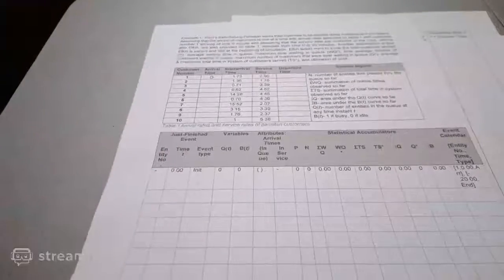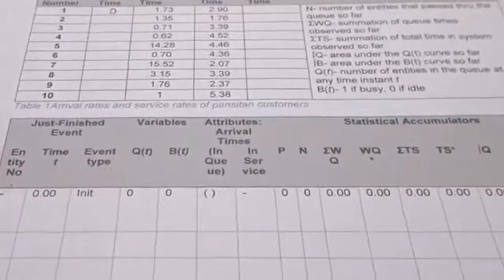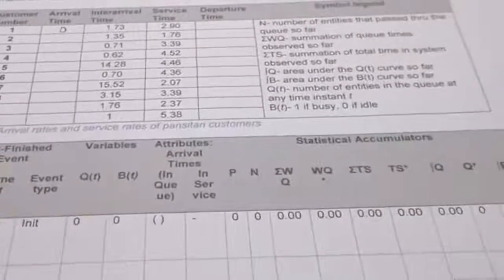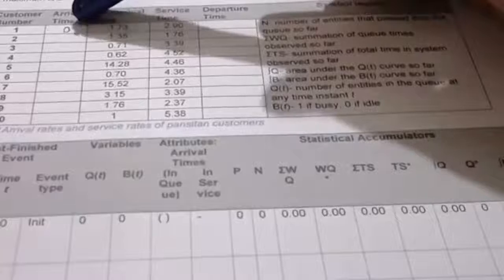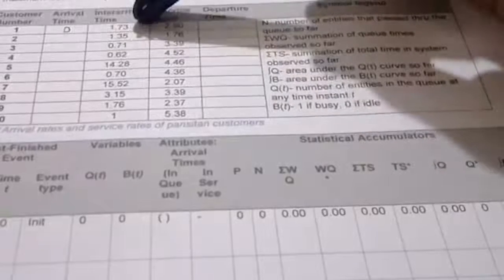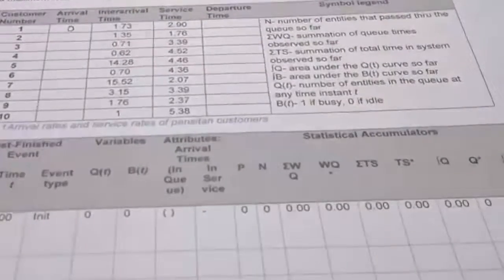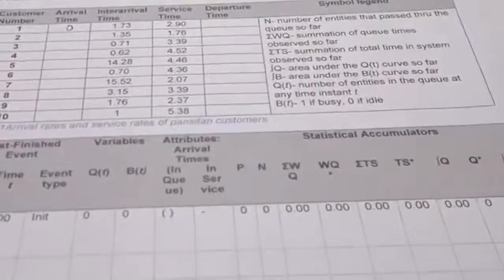So again, our arrival times are computed by adding the previous arrival time and the inter-arrival time. So 0 plus 1.73 is equal to 1.73. Okay.